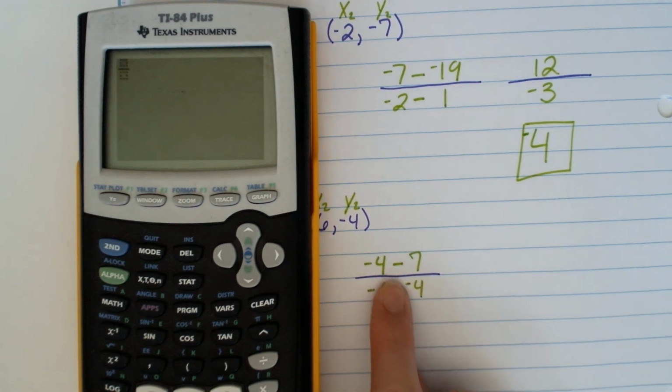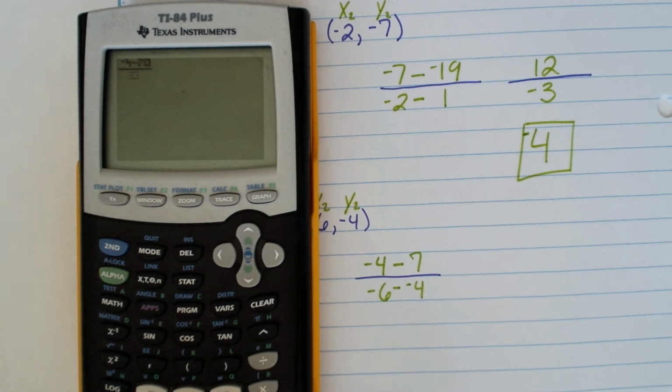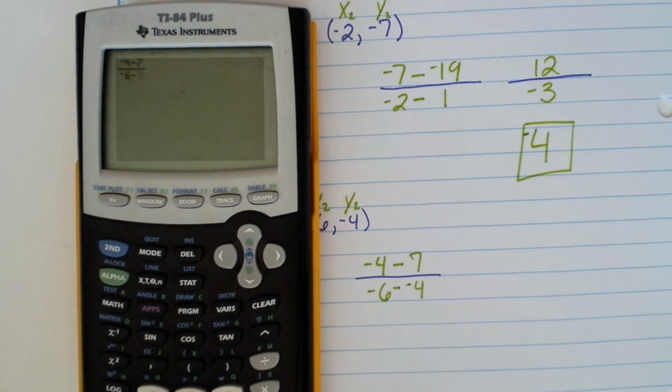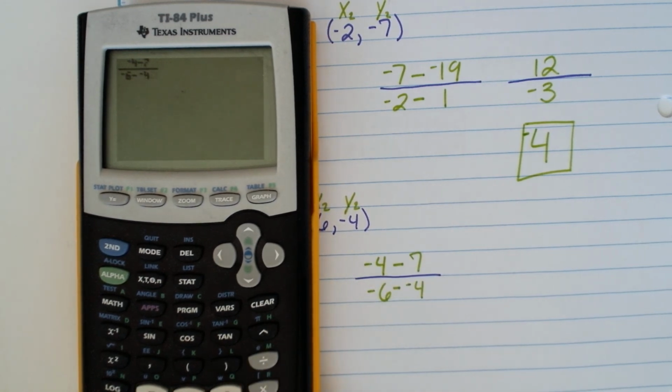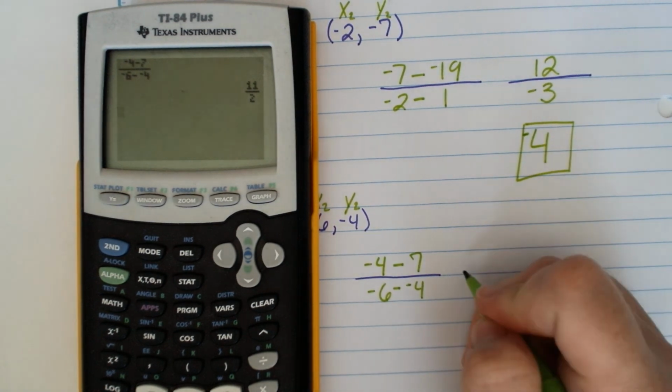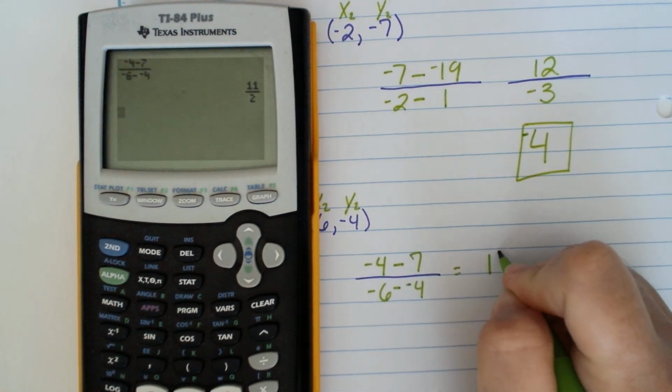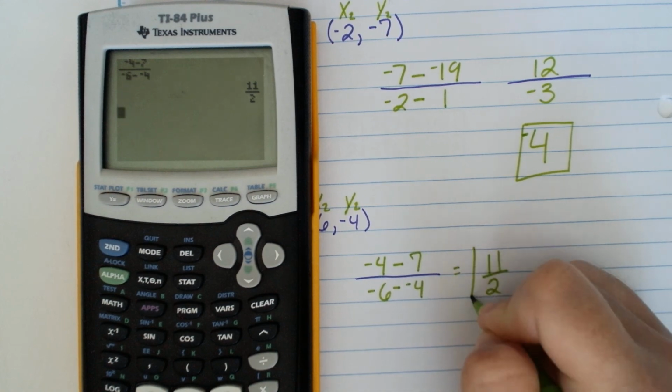And then on the top, we're going to do negative 4 minus 7. Then hit the down arrow. Negative 6. Make sure you get minus a negative. Minus negative 4. When we hit equals, it gives us the slope in simplest form. So our slope for this one is negative 11 over 2.